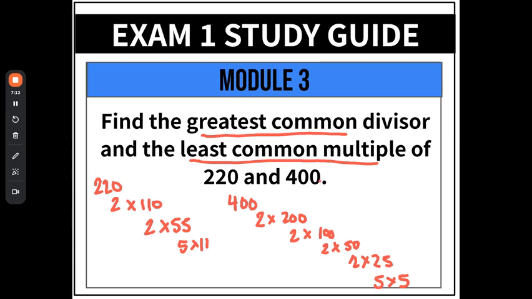Okay, so let's look at how we find the greatest common divisor. Greatest common divisor is going to be the ones that are in common. So I'll show you. So here we've got 2 times 2 times 5 times 11. And here we've got 2 times 2 times 2 times 2 times 5 times 5.